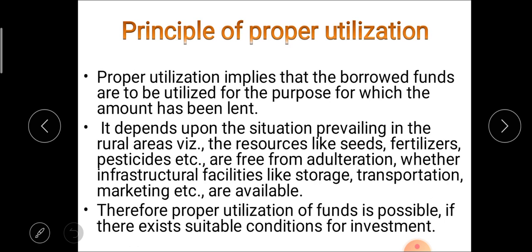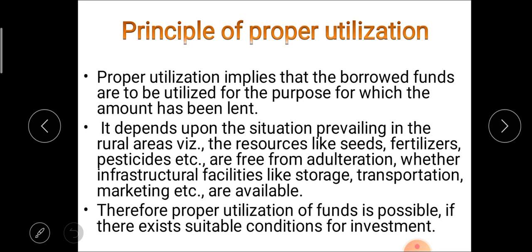After that, the fifth principle, the principle of proper utilization. Proper utilization implies that the borrowed funds are to be utilized for the purpose for which the amount has been lent. That means the loan must be used only for the purpose for which it was borrowed, and the loan should not be used for any other reason. It depends on the situation prevailing in rural areas, like resources, seeds, fertilizer, pesticide, etc. Proper utilization of funds is possible if suitable conditions of investment exist.